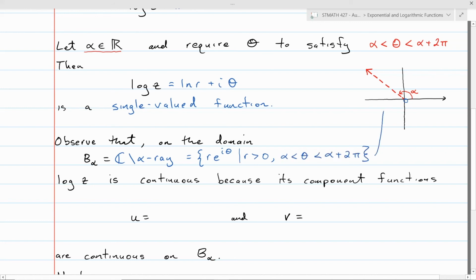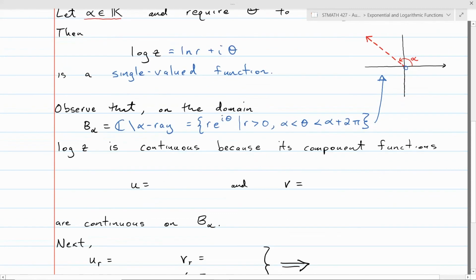So this set up here, that's B alpha. And now we've got our logarithm restricted. It's defined on almost the entire complex plane, except for the points on that ray, including the origin.